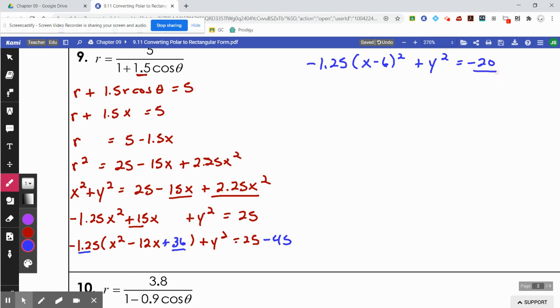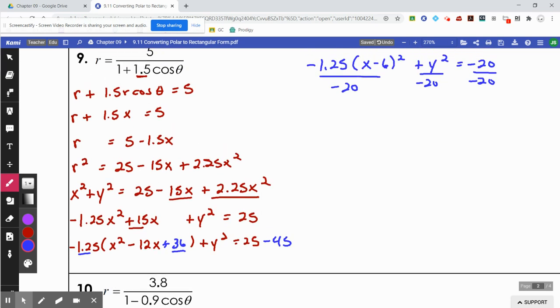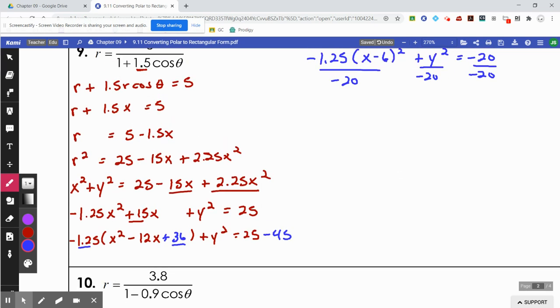Next step, I've got to go through and divide everything by the negative 20. And we see now why I'm not a big fan of that 1.25. So let's talk about what we can do there. Negative 1.25 over negative 20. So 1.25 over 20. We can go ahead and move our decimal over on top by multiplying by 100.